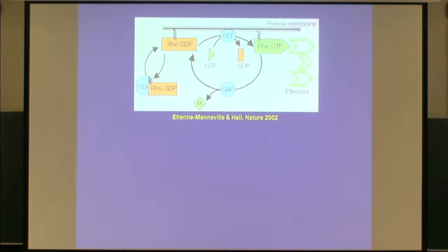Thanks to a wonderful talk from Anne this morning, I don't have to repeat the entire biology of small Rho GTPases. Suffice it to say that RhoA, like many other GTPases from the family of Rho GTPases, in its inactive GDP-bound form, can shuttle between the cytoplasm and the membrane.